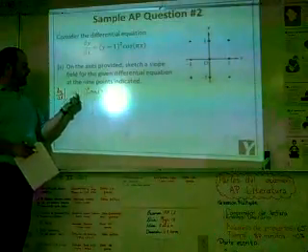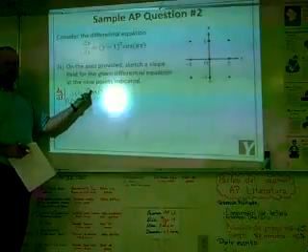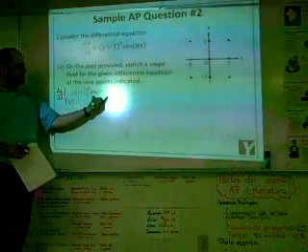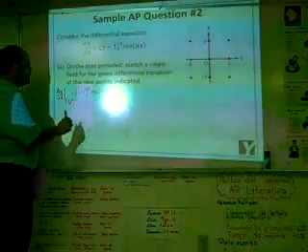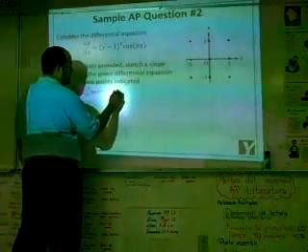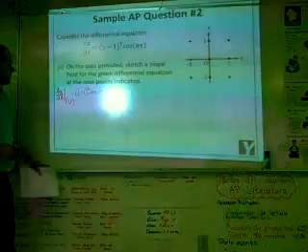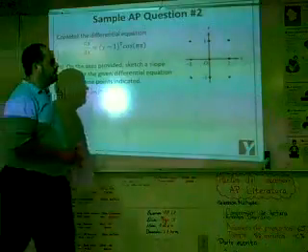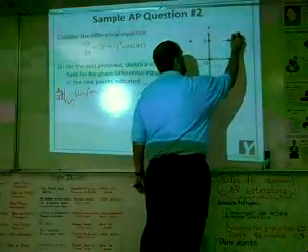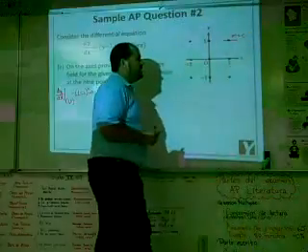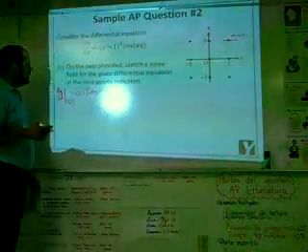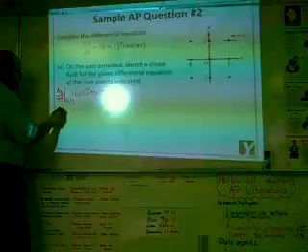This one actually is not so bad. 1 minus 1 is 0. 0 squared is 0. Regardless of what the cosine of pi is equal to, this whole product will be equal to 0. So at the point 1, 1, right up here, I'm going to draw in a tangent line that is horizontal.